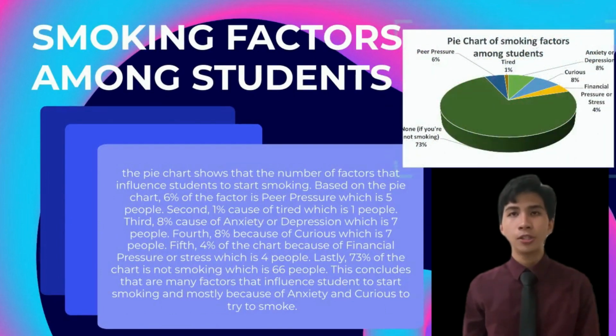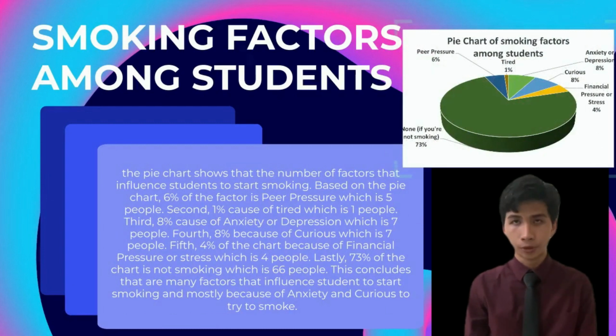The pie chart shows the factors that influence students to start smoking. Based on the pie chart, 6% of the factor is peer pressure, which is 5 people. Second, 1% is because of tiredness, which is 1 person. Third, 8% is because of anxiety or depression, which is 7 people. Fourth, 8% is because of curiosity, which is 7 people.